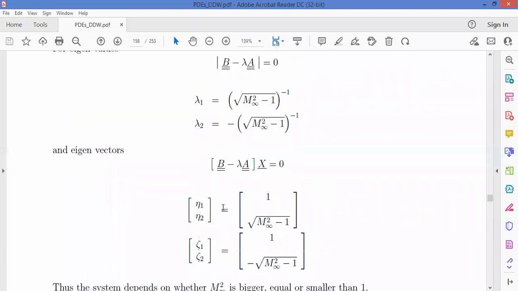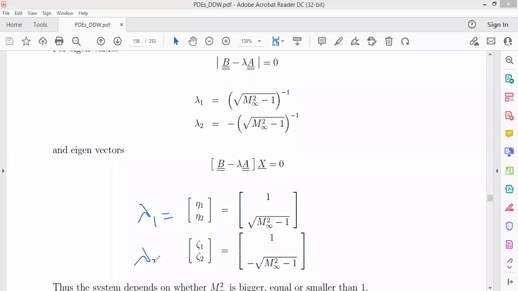Why are these eigenvectors different? You first compute one with respect to lambda 1, and then you get one with respect to lambda 2. So what you see here is for lambda 1, these are to do with lambda 1, and the eigenvectors associated with lambda 2 are these ones.